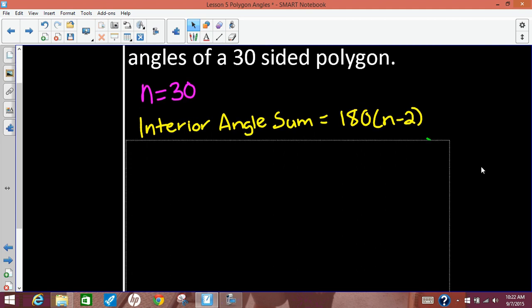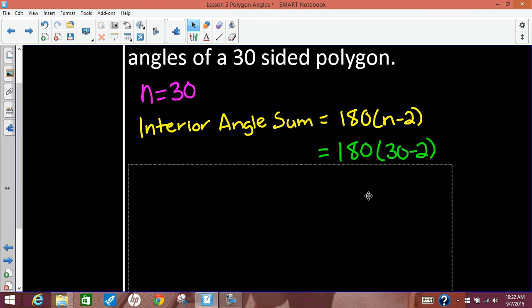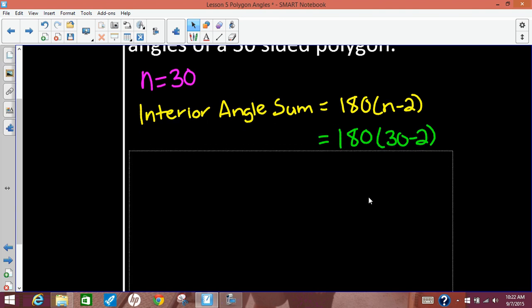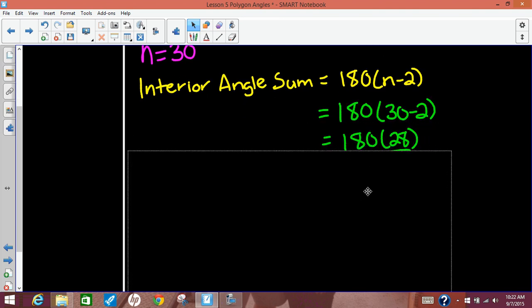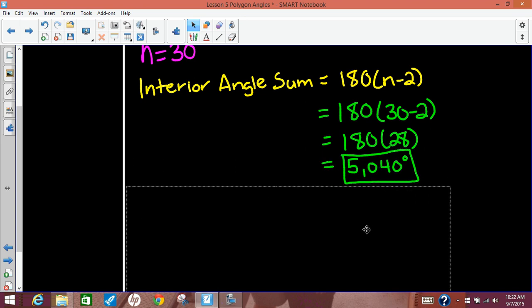And then I'll plug in what I know. Well, I only know one thing. It's that n is equal to 30, so I plug that in. Subtract 30 minus 2, do some multiplication, and I find out if I were to measure all 30 of those angles and add them together inside that 30-sided polygon, it would add up to 5,040 degrees.